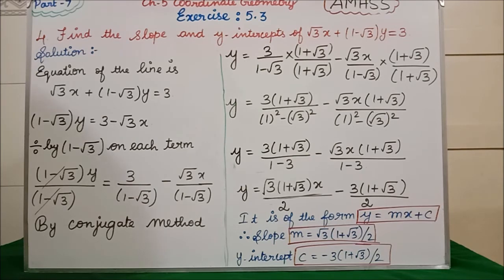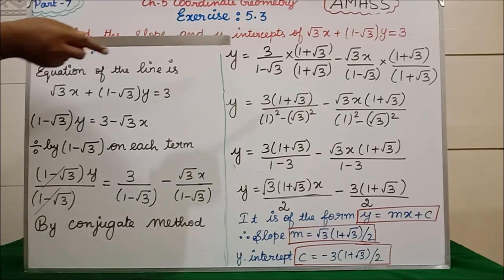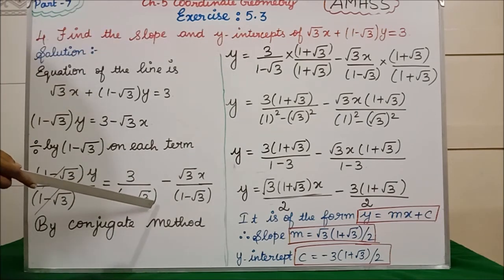Next step, how we are going to proceed is we have to use the conjugate method. Conjugate means what? Whatever term we have in the denominator, suppose here it is minus, then the conjugate will have the opposite sign. It will become positive. So for 3 divided by 1 minus root 3, the conjugate means the same thing you have to multiply but with the opposite sign.